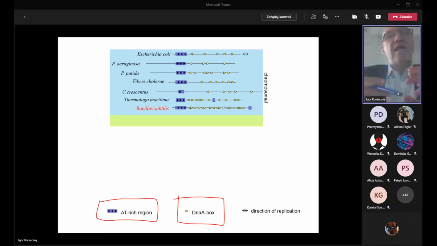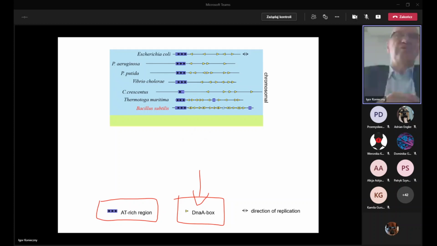So it's like a less stable part of a chromosome. And usually those regions also have directed repeats. And the other feature is DNA box sequences. And DNA box sequences are binding sites for the DNA replication initiator.